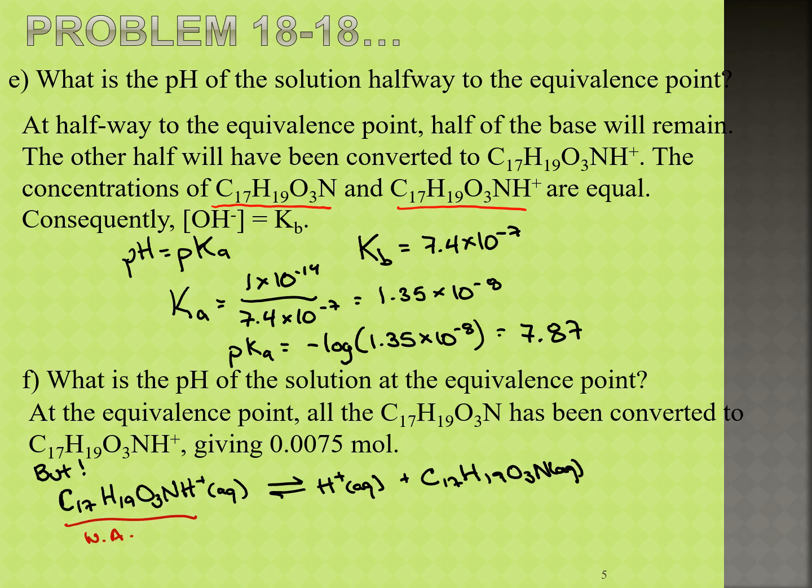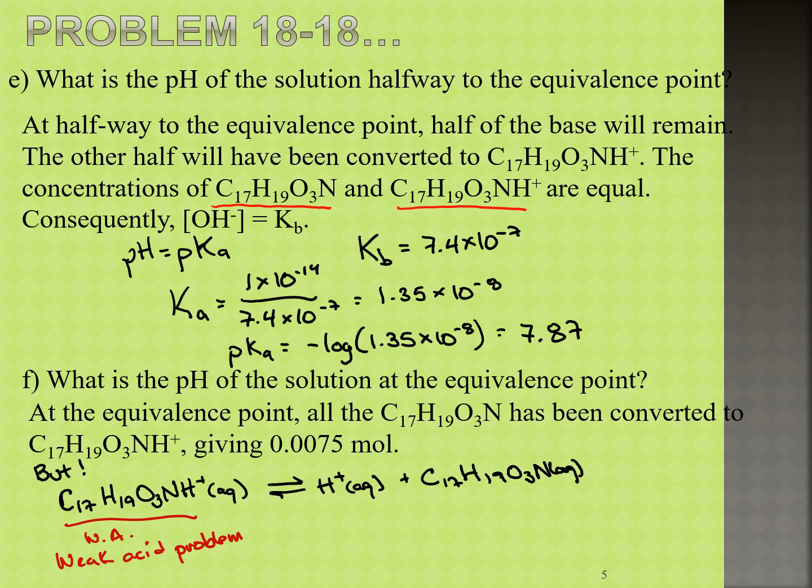This is a weak acid. This will be a weak acid problem. All right, well, we have our weak acid problem. That means that I'm going to set up an ice table.